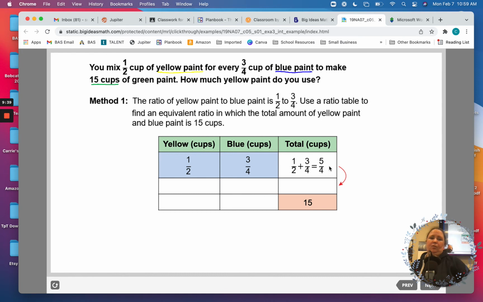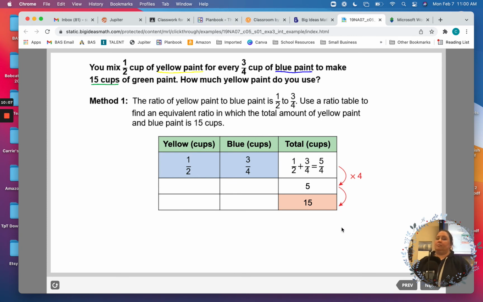Okay, so we need to figure out what are we doing from 5/4 to here. Times 4. Very good. What's 5/4 times 4? 5 times 4 is 20 over 4, so 20 divided by 4 would be 5.